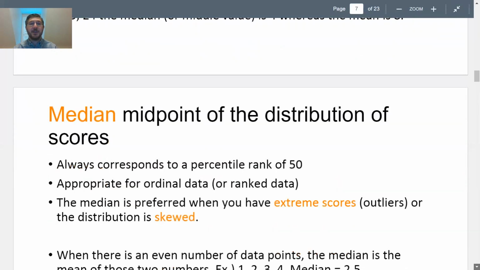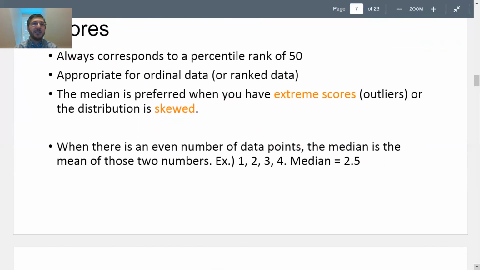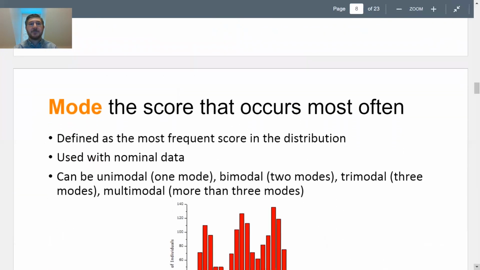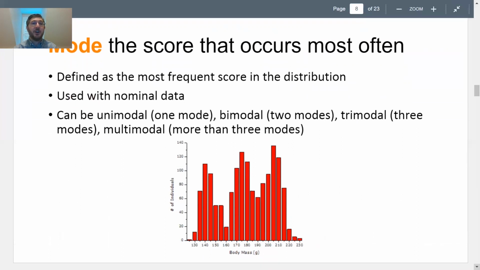So the median sometimes will then better represent the center of the distribution, where the majority of scores are. If there's an even number of data points in a distribution, the median is just the average of those two. So here we have a distribution with 4 points. 2 and 3 are in the middle, so we average those and say the median is 2.5.